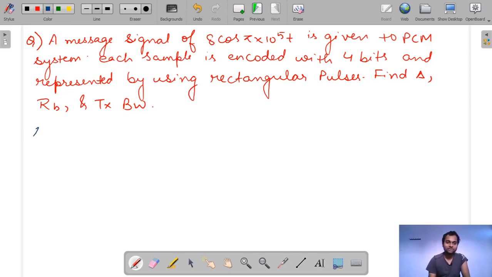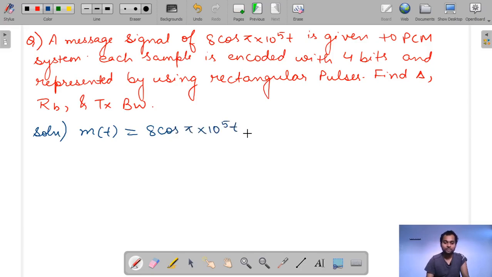So for solving such question, our message signal m(t) that is given is equal to 8 cos pi into 10 to the power 5t.